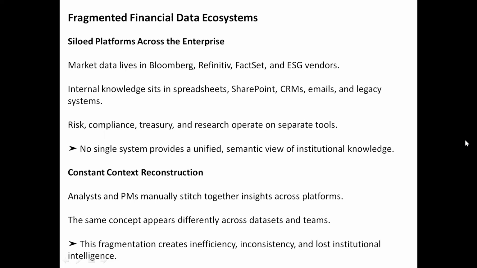There are siloed platforms, and a lot of commercial products available to support data analysis and data management, but they are still not fully integrated. So fragmentation is directly related to inefficiency and inconsistency, and as a whole, institutions lose institutional intelligence.